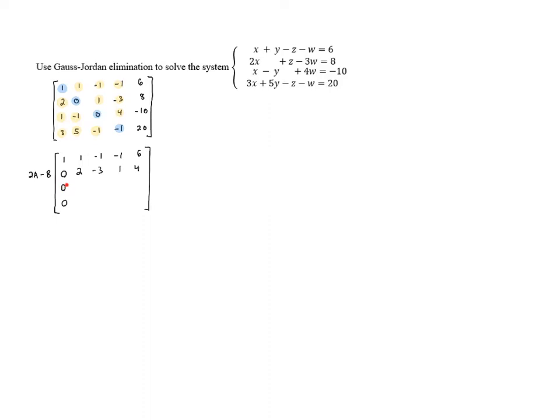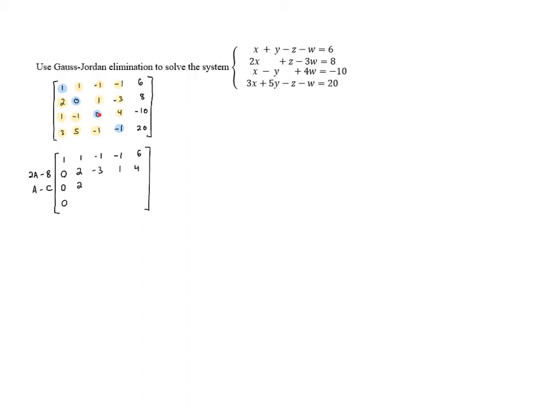Next, we want to have a 0 down here in the third row. To change this to a 0, we can take the first row, row A, minus the third row, row C, and then 1 minus 1 gives us the 0 that we need. So here we're going to take A minus C. When we do that, 1 minus 1 is 0. 1 minus negative 1 is 1 plus 1, which is 2.